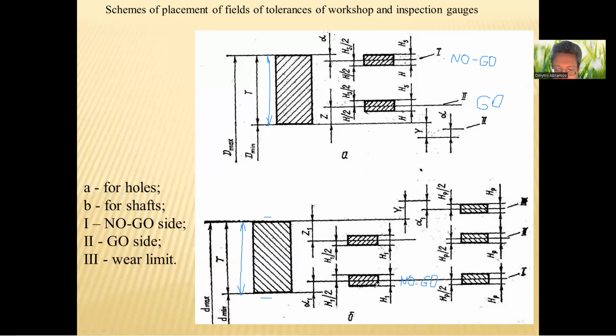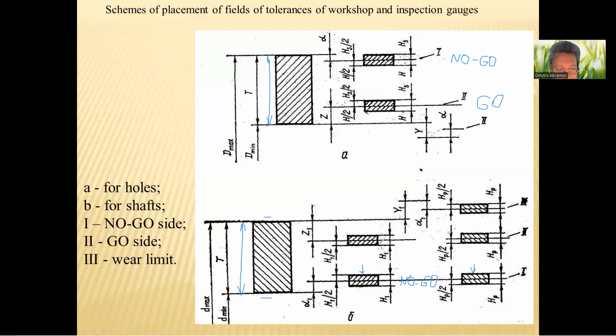It's tolerance field of workshop gauge and tolerance field of inspection gauge. Tolerance field of workshop gauge of its no-go side and tolerance field of inspection gauge of its no-go side, that can be used to control the lower limit deviation of the shaft.